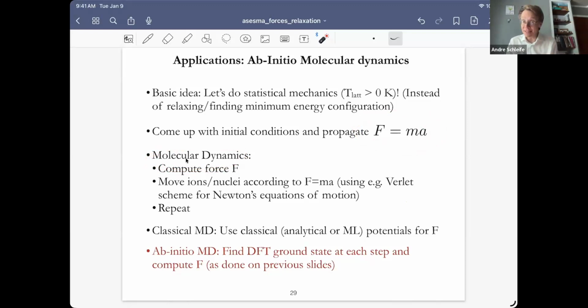But in that case, we're not looking at the minimum anymore. We have a temperature and we sample trajectories. What we talked about so far was we're just looking at the minimum, and we're just trying to find the minimum. You can do both, and both are implemented in codes like VASP and Quantum Espresso and so on. If you want to do that, I would look for molecular dynamics.